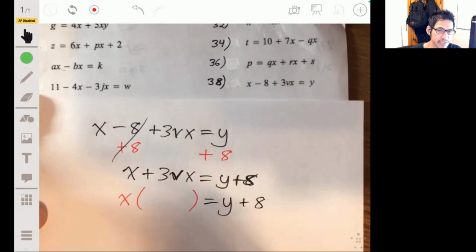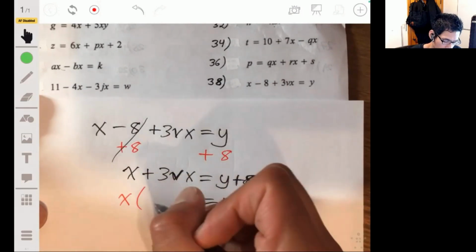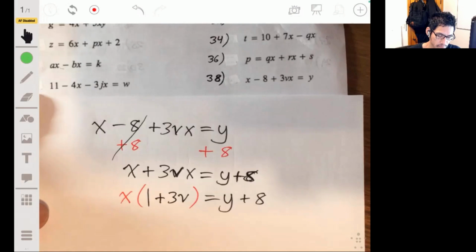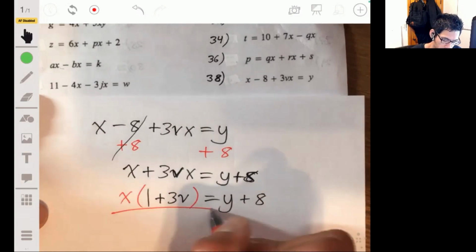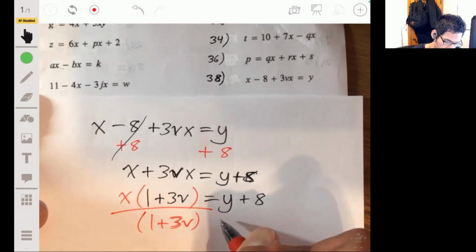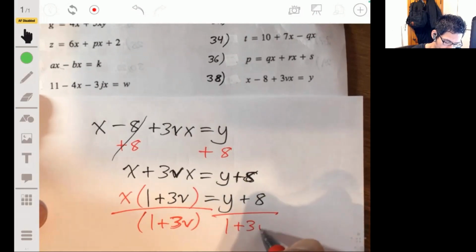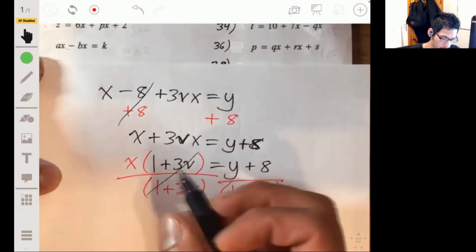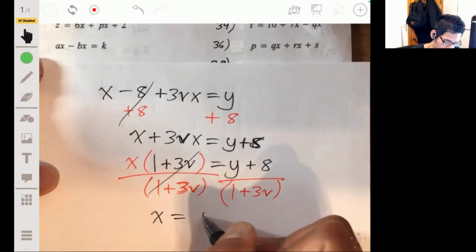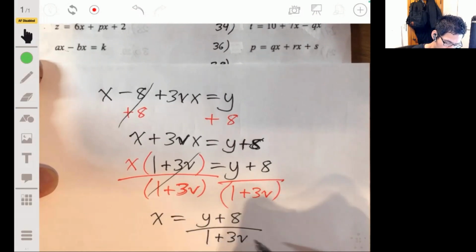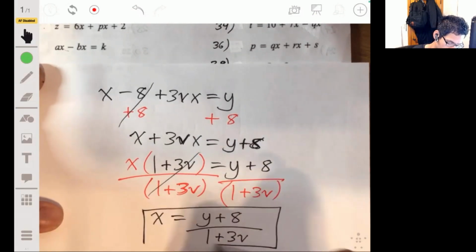X times what equals x? Dun, dun, 1 plus 3v. Then just divide by the 1 plus 3v with the tail. And you get x is y plus 8 over 1 plus 3v.